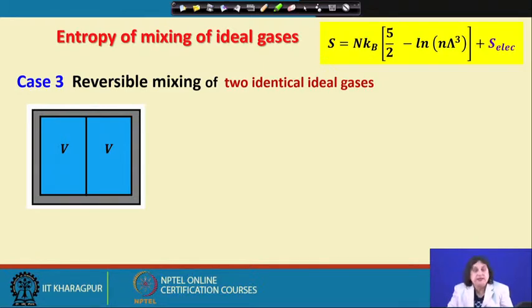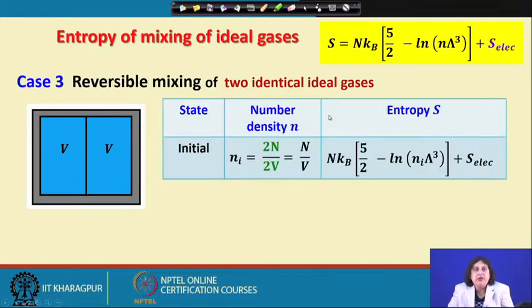What do you expect? Since both the gases are the same and you have not done anything from outside other than just removing the partition, you do expect that there should not be any change in entropy, or in other words, delta S is going to be 0. Now, let us see what is predicted by the Sackur-Tetrode equation.